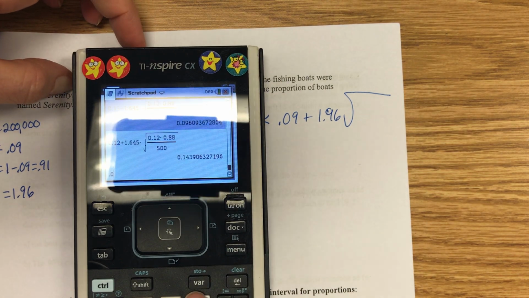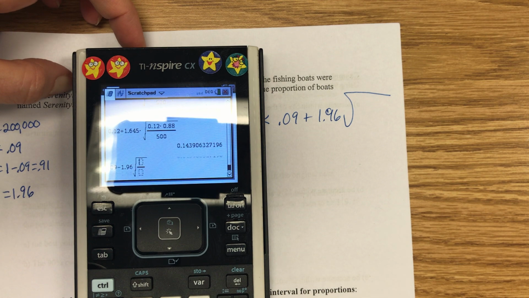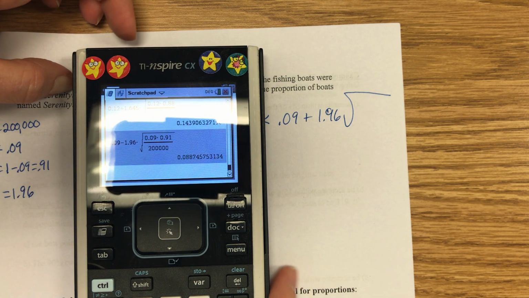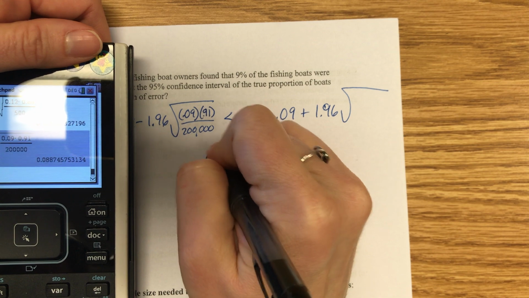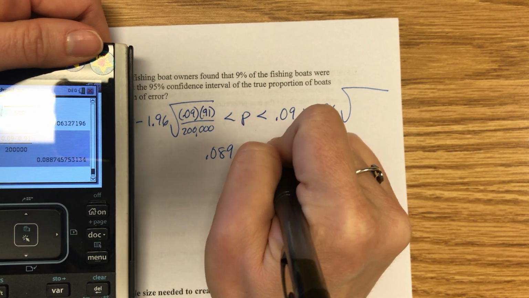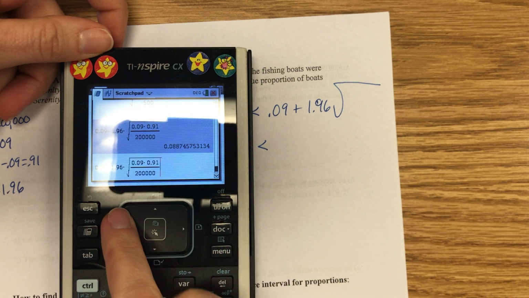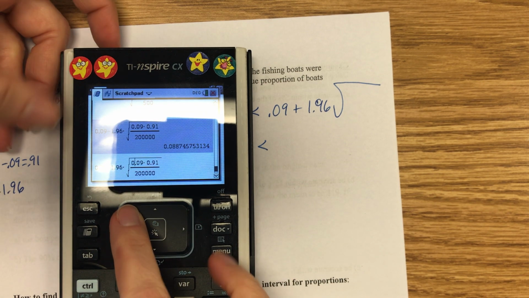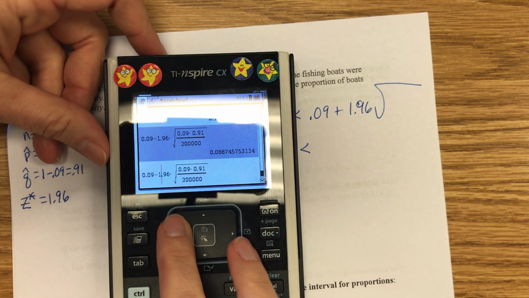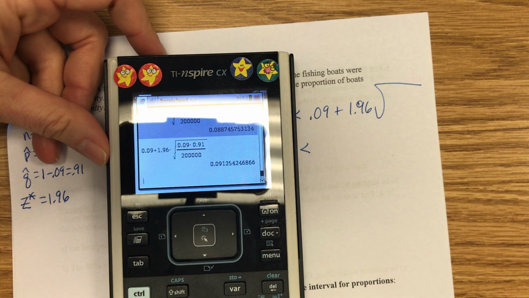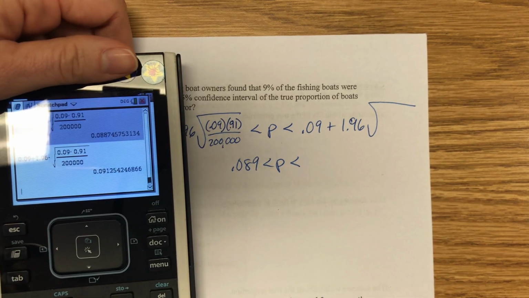We're going to 0.09 minus 1.96, big square root, fraction, 0.09 times 0.91 over 200,000, boom. We're going to get 0.089. And then we're going to change it to a plus, and we get 0.091.